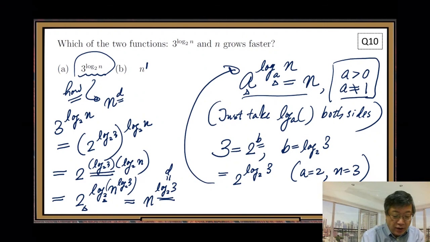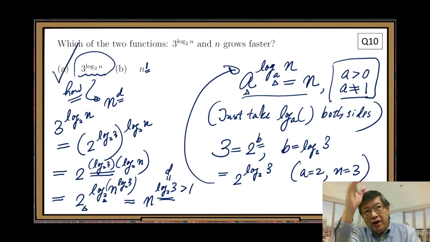We also know log base 2 of 3 is greater than 1, because 3 is greater than 2. So d is greater than 1. Which one grows faster? The one with the higher exponent grows faster.